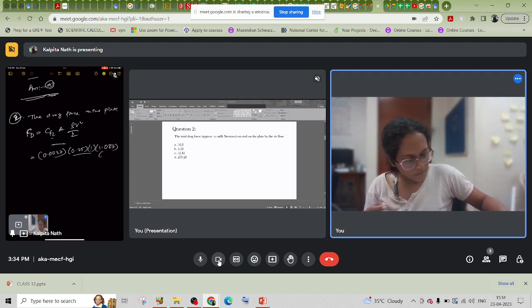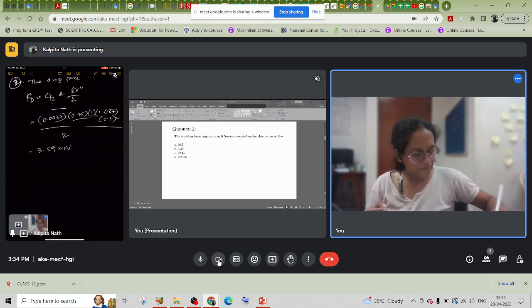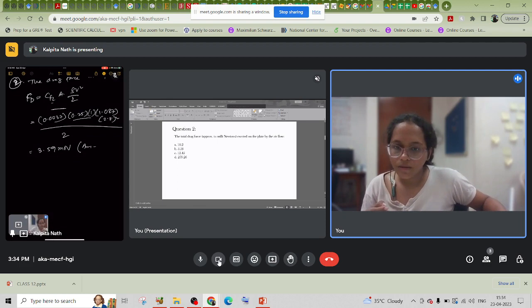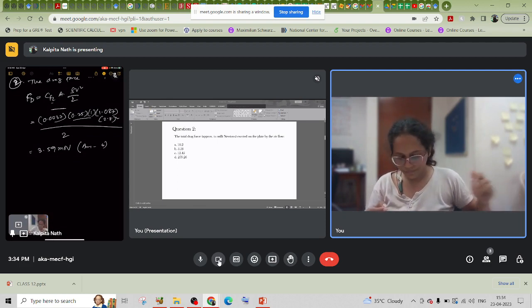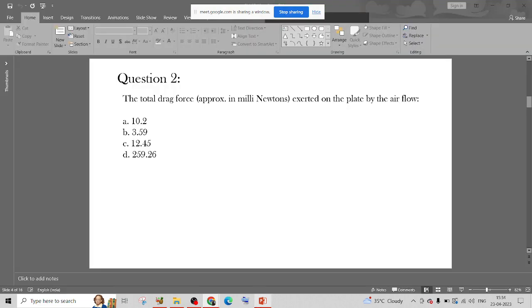Then 1.087 is the density, and 2.8 square is the velocity square, divided by 2. This gives us 3.59 millinewton. So the answer is option B, right? Now let us proceed to the next question.